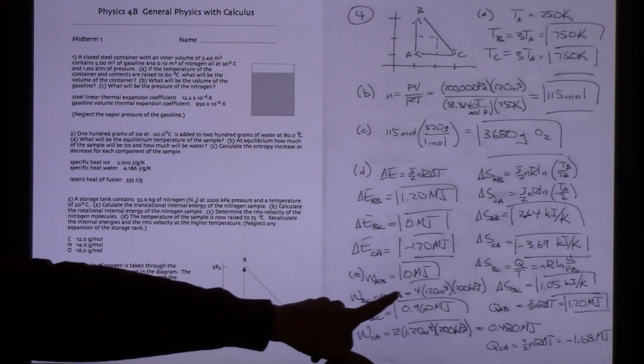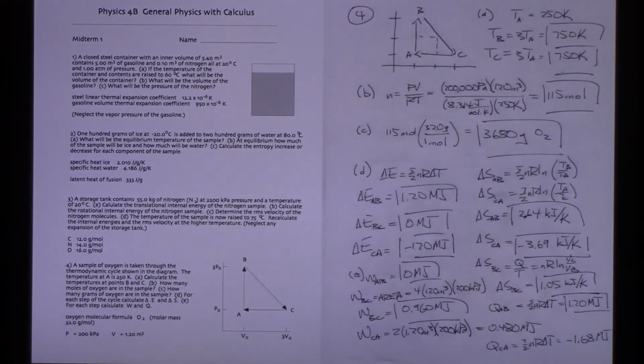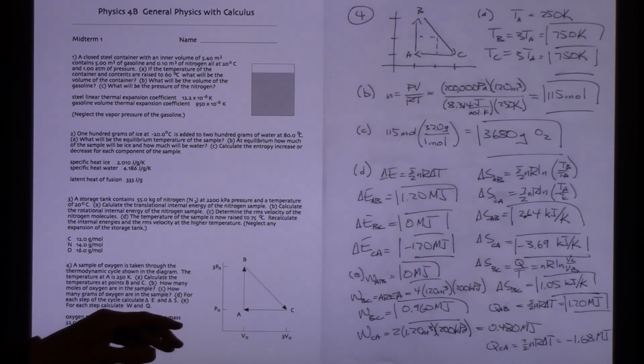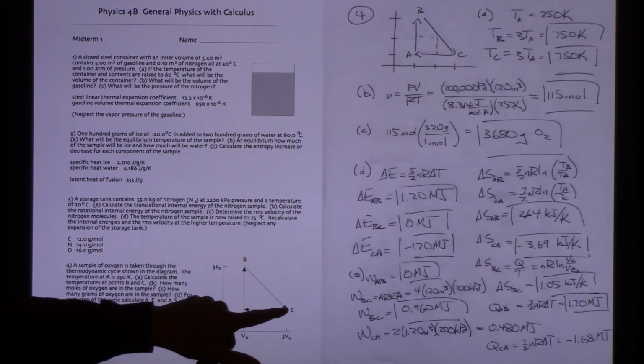Now, in this problem, I can just use area under the curve to solve what's going on here. So let's see, what do we have in terms of area under the curve? Let's do C to A first.